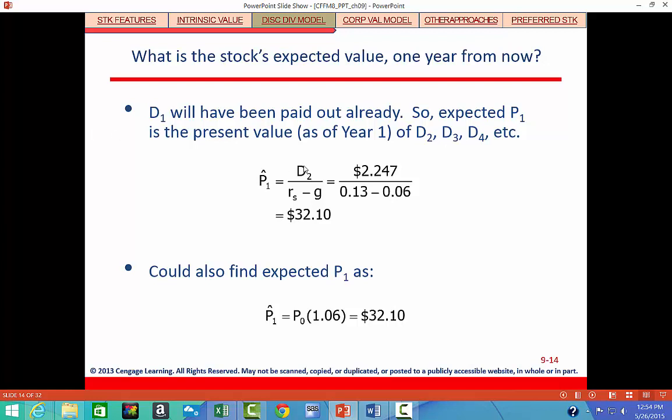And so we need D2 over RS minus G. And on that previous timeline, we had D2 estimated at $2.247. And then we have R minus G, and we get the same thing, $32.10. So this is the quicker method if you already have the price. If you don't, you can use this equation right here.